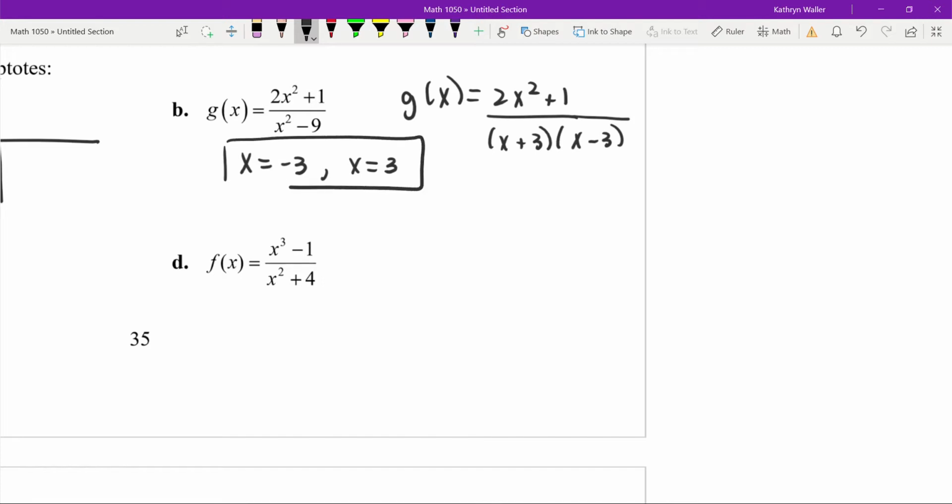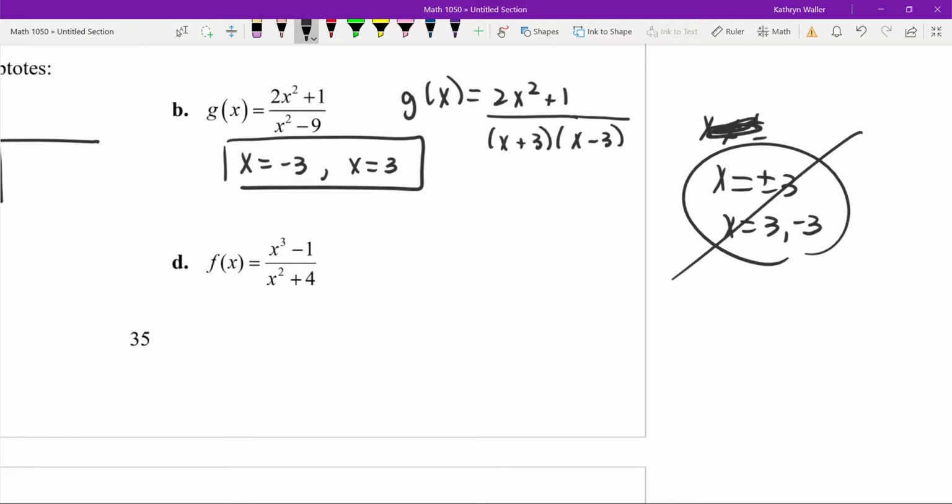When you're talking about vertical asymptotes, you can't do x equals plus or minus 3. You can't do x equals 3 comma -3. Neither one of those is okay. You've got to write those separately, because we're going to analyze them separately.